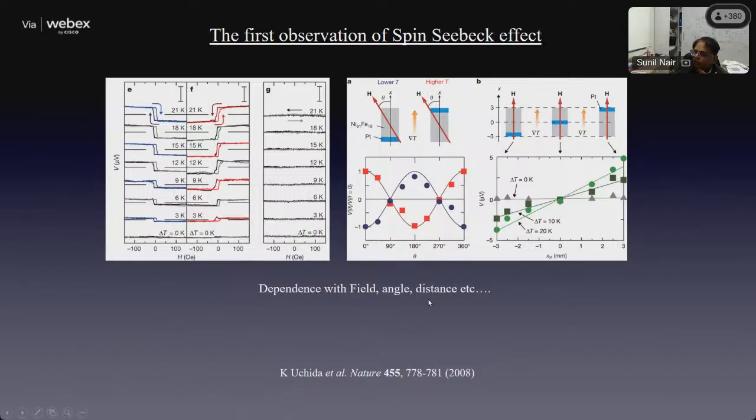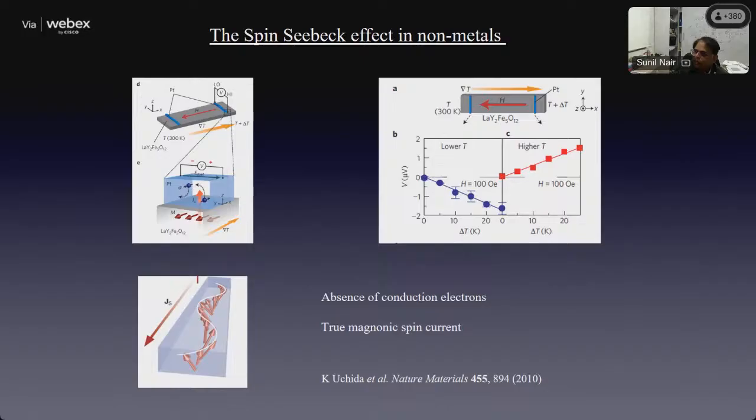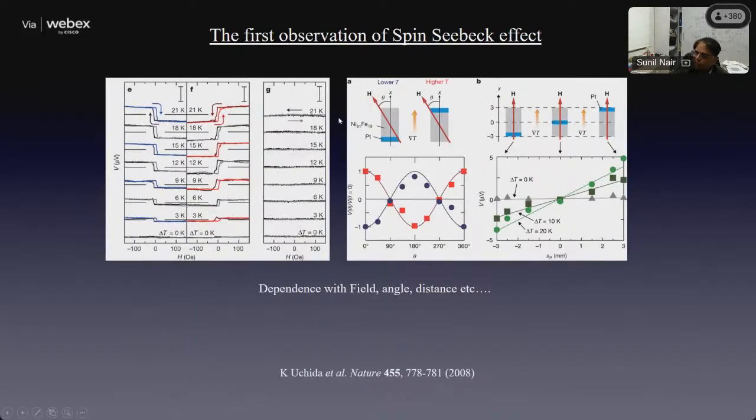Now, the problem was that this created a lot of excitement. We were very happy. Oh, we are finally seeing spin current. But this is a magnetic metal. So since it's a magnetic metal, one is quite sure that though we are measuring out a voltage, one cannot rule out the contribution of a charge current also adding up to a voltage, right?